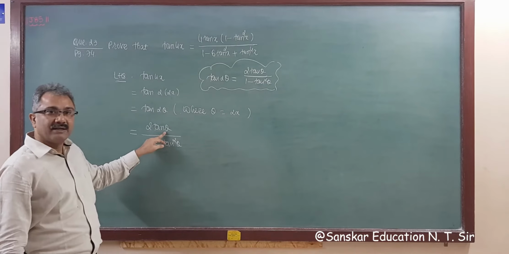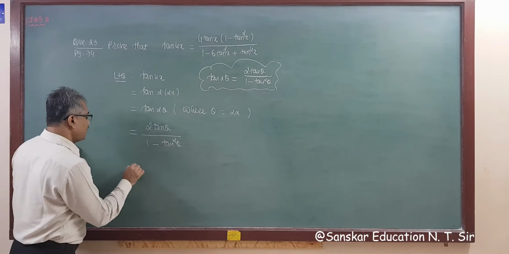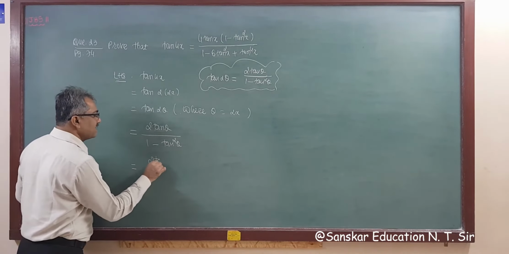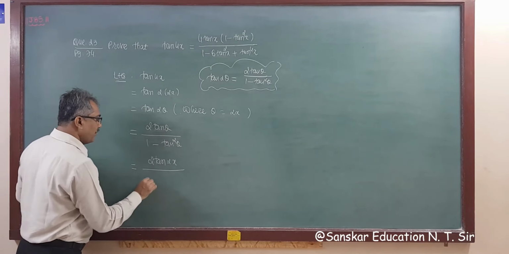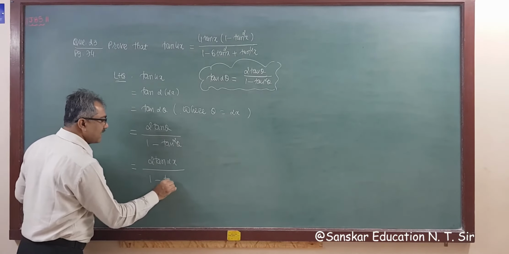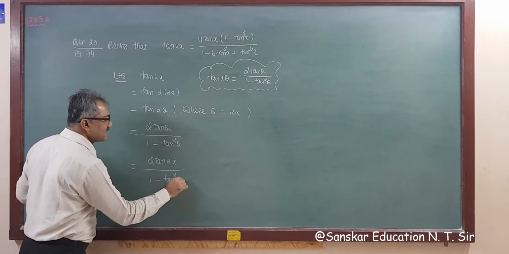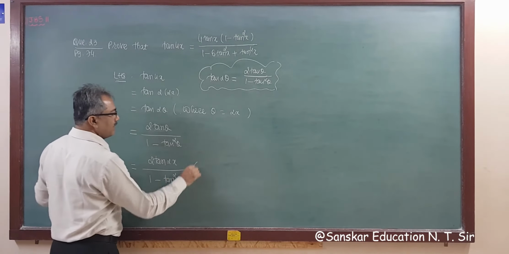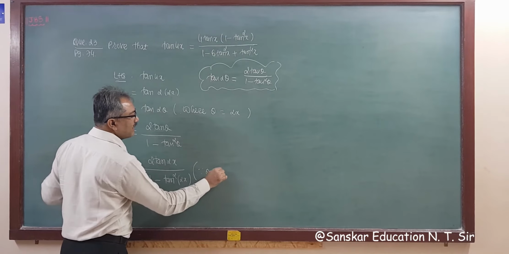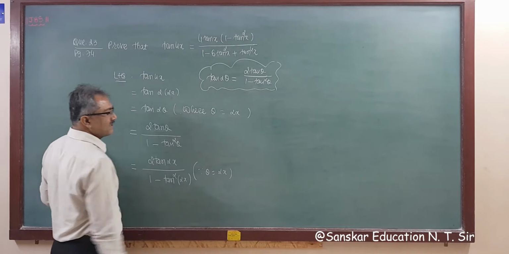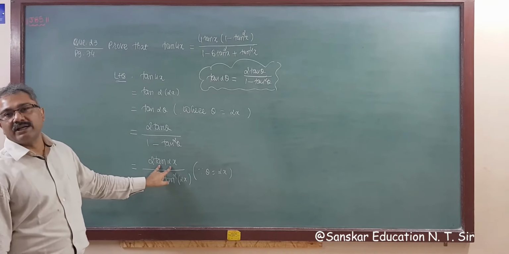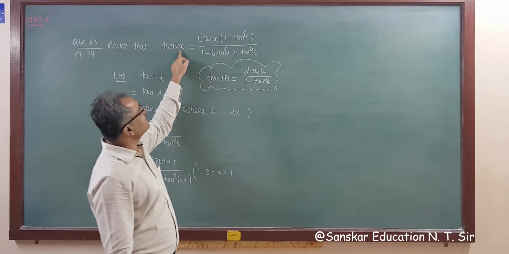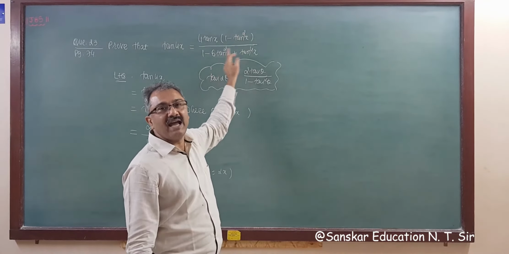So replacing theta, this is equal to 2 times tan twice x whole upon 1 minus tan square twice x. Because theta is equal to twice x, substituting the value of theta. Again, this is tan 2x and we want the answer only in terms of x.